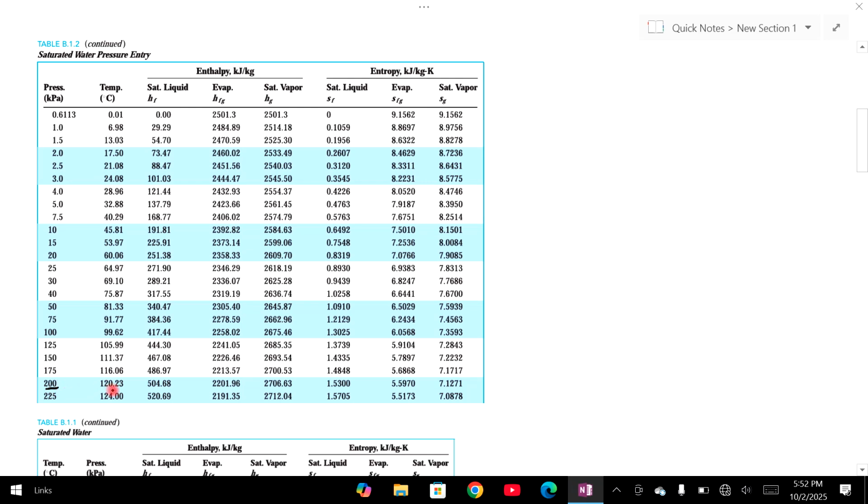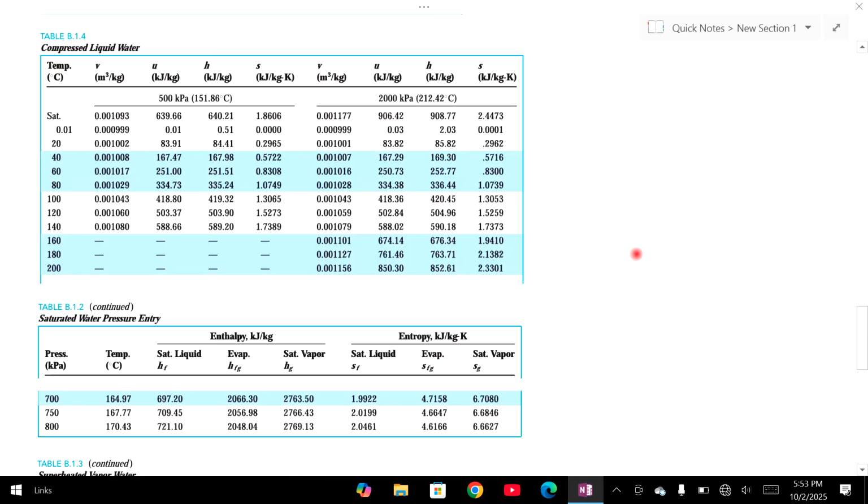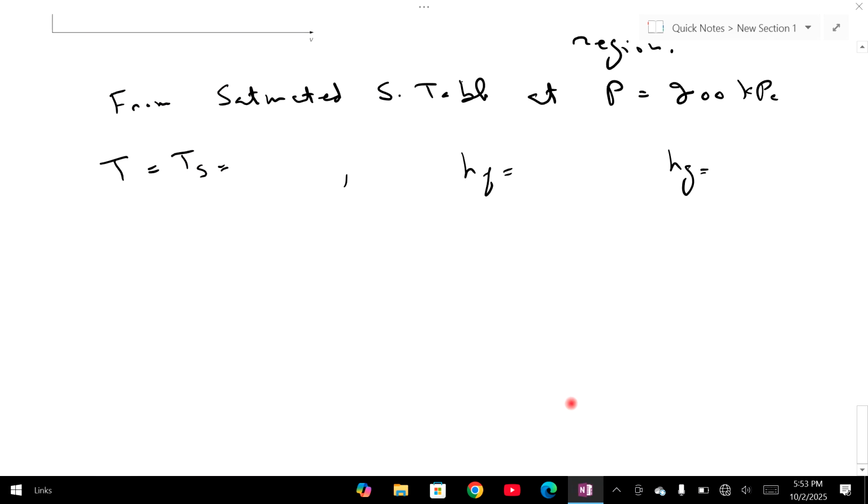At 200 kilopascal, the saturation temperature is 120.23, hf is equal to 504.68 and hg is equal to 2706.63.